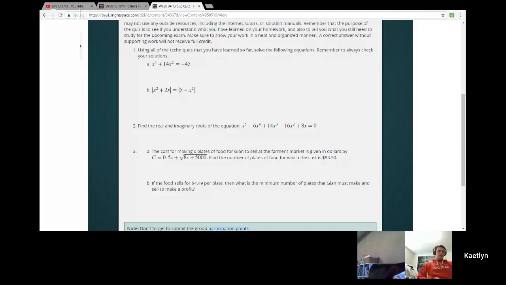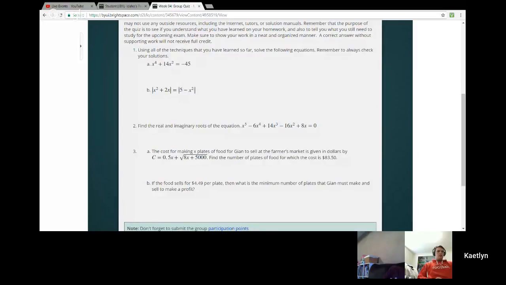So for the equation, you did 0.5x plus square root of 8x plus 5,000, and then plus 4.49x, I think. Because for every plate he's getting 4.49. So every plate he makes, he gets $4.49.